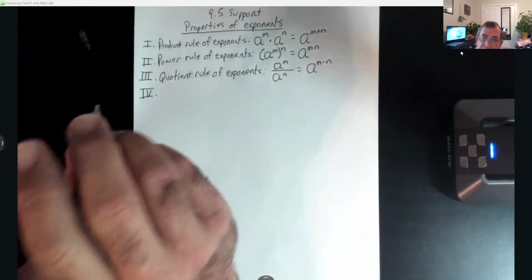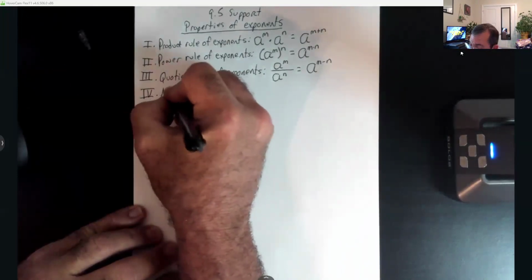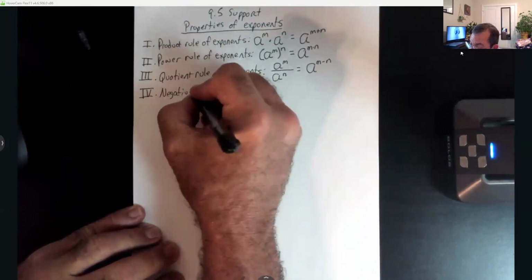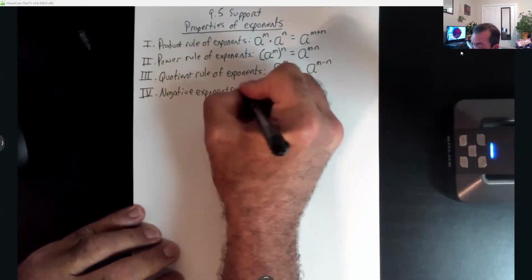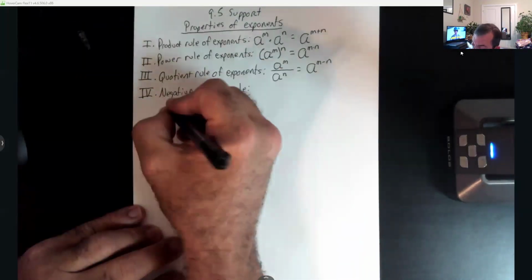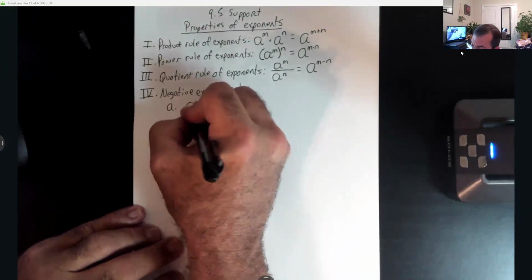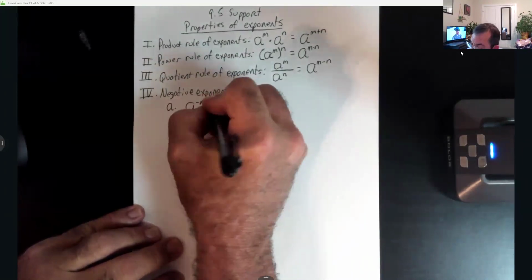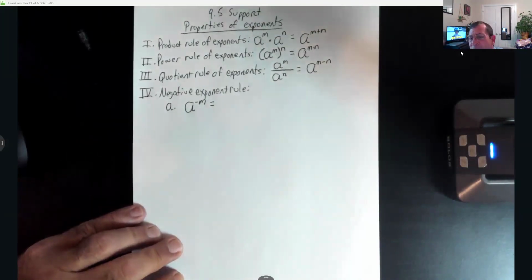All right, y'all, and then the last one was sort of what I was showing y'all yesterday with the negative exponents. This is our negative exponent rule. Now, there's three cases of this. First case, if I got a to the negative m. So we're not allowed to write our answers with negative exponents.